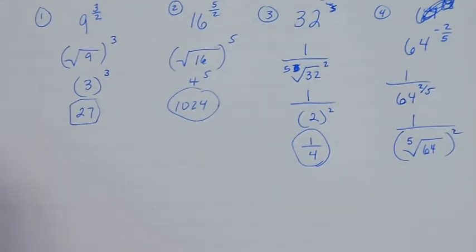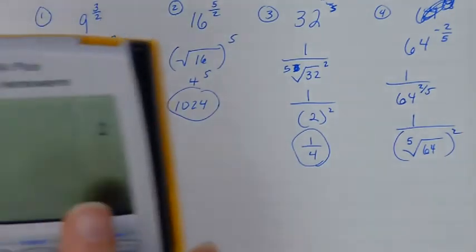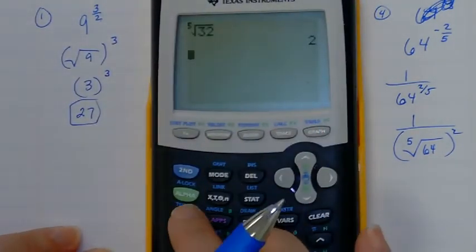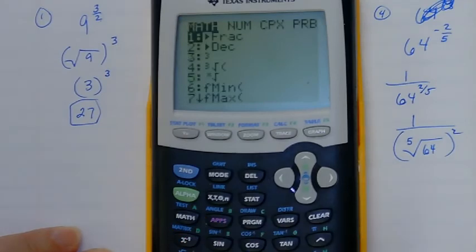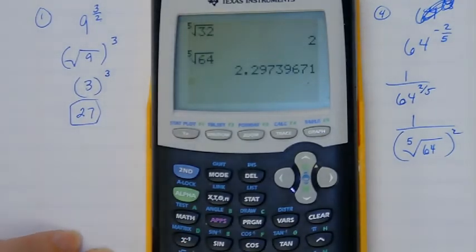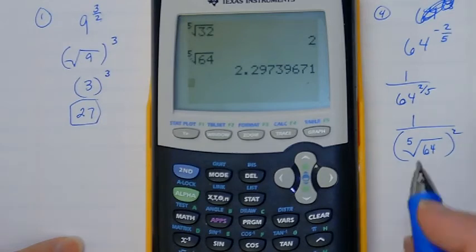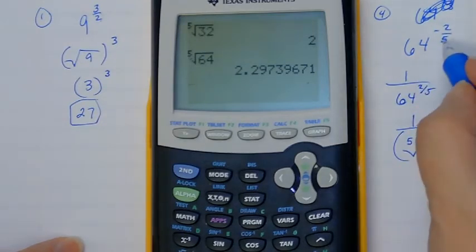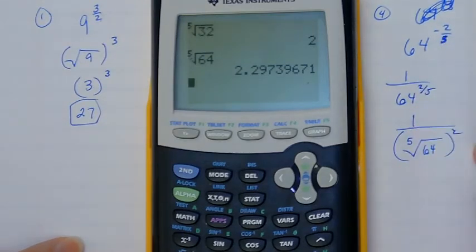And then when I type in 5th root of 64 in my calculator, this time I get a decimal, so that means I'm going to have to rethink this. So this one must have actually been a 3, because I haven't gotten to the point yet where we can simplify.